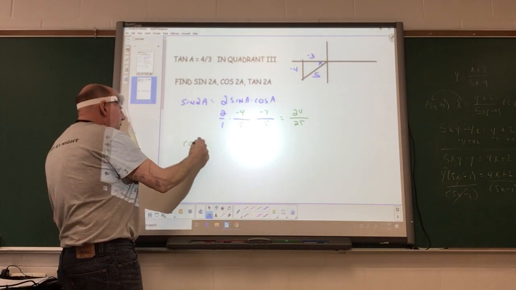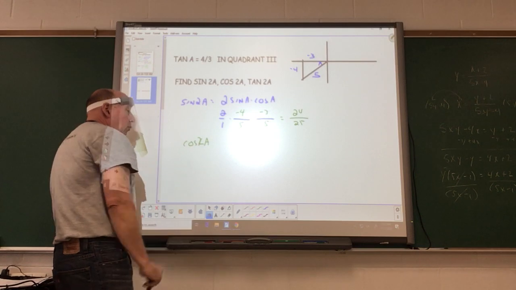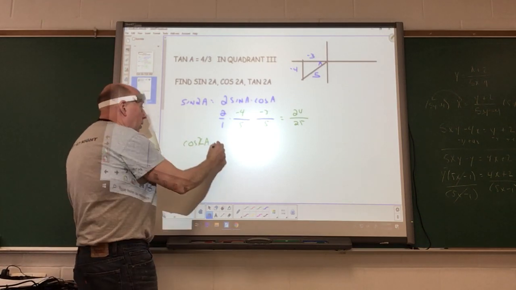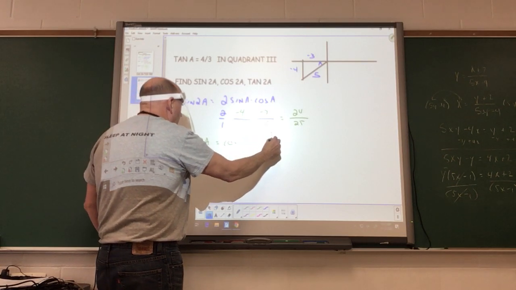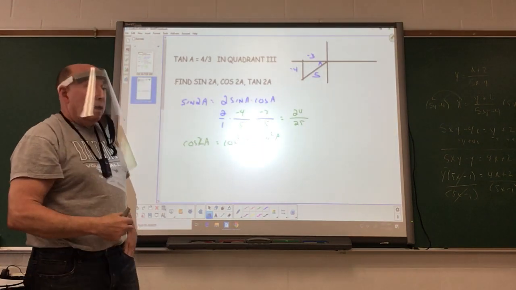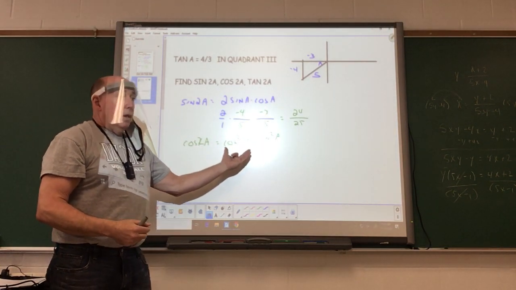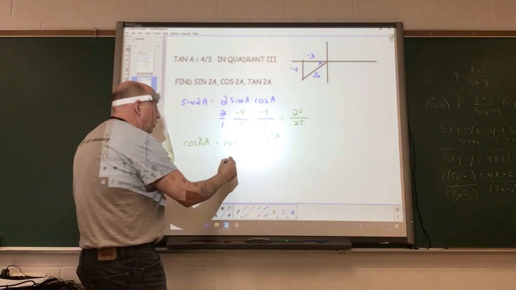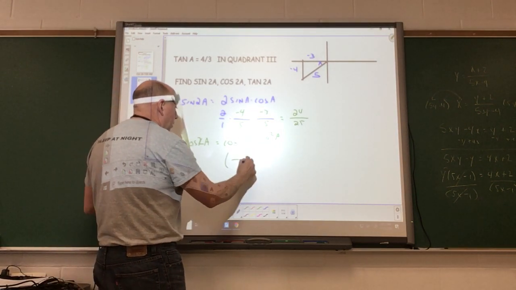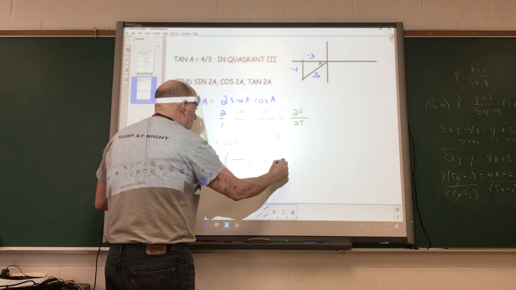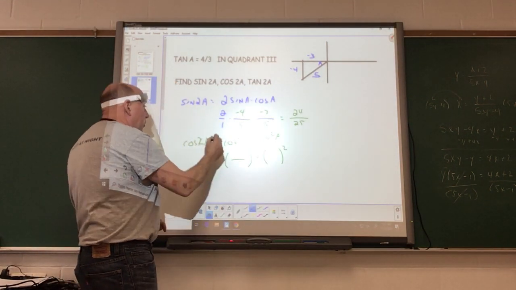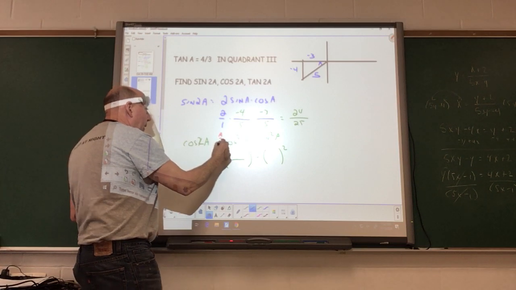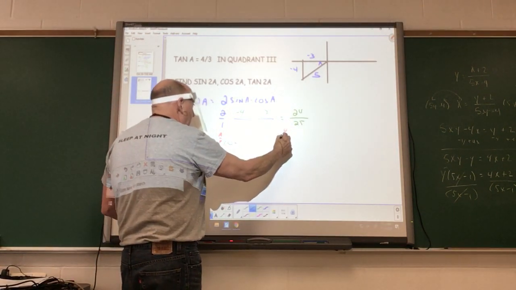Cosine 2A. Now, once again, I typically will go cosine squared of A minus sine squared of A. Reason why is when I do my ratios here, I have to square them. Well, my ratios are adjacent over hypotenuse, my opposite over hypotenuse.